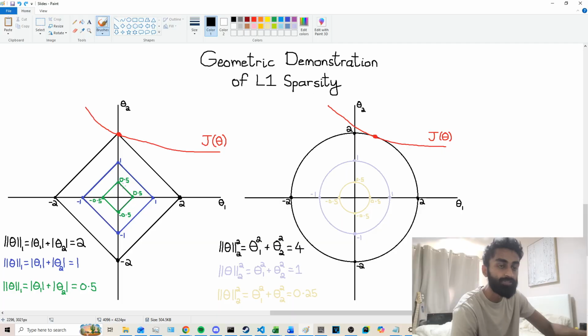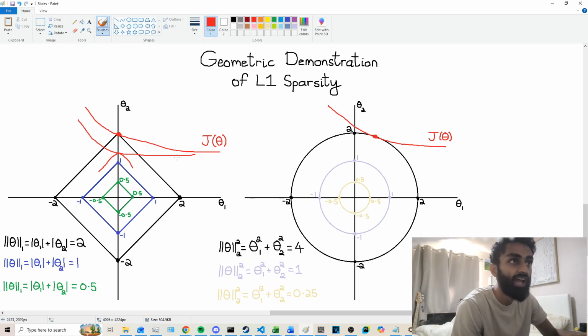So these diamonds represent a constant value of the L1 norm, and these circles represent a constant value of the L2 norm. So here, the L1 norm equaling 2, 1, and 0.5 respectively for these three different colors. Likewise, 4, 1, and 0.25 for the square of the L2 norm are demonstrated by these three colors here. So J of theta could be anything really, and we can just scale this diamond so it's tangent. So we could have another diamond here if this is another J of theta, and this would be like 1.25 or something for this red diamond that I've not fully drawn here, but then it would look like that.